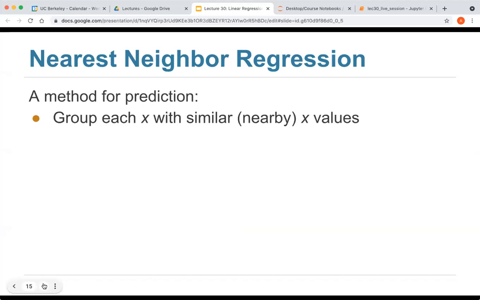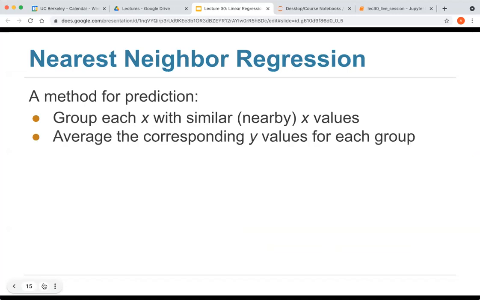You can do it the other way around. In that case, you have to rewrite the entire lecture. Okay, so you group each X with similar X values nearby, and you get to define what nearby is. And then you find the average of the corresponding Y values for that group of nearby X's. So these are your nearest neighbors to the point for which you are trying to make a prediction.